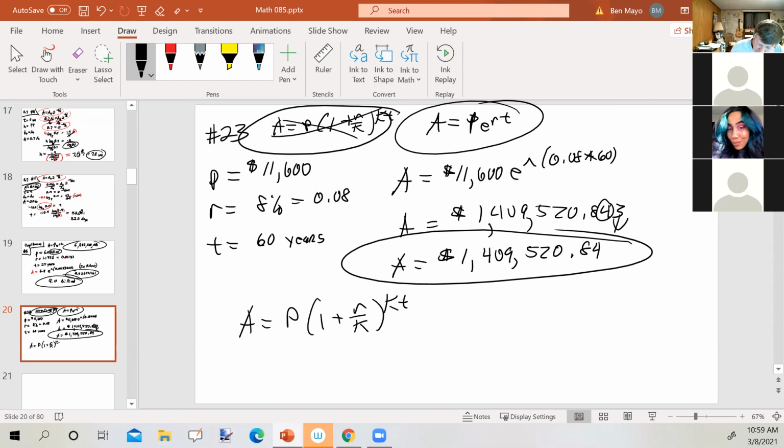Now, annually would be k equals 1. Semi-annually, k would be 2. Quarterly, k would be 4. Monthly, k would be 12. Daily, k would be 365. Does that make sense?